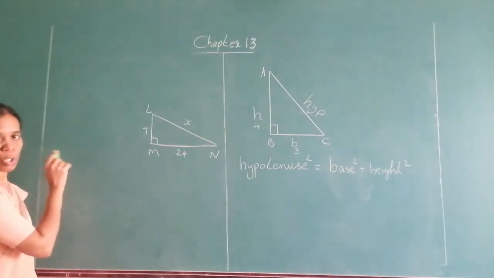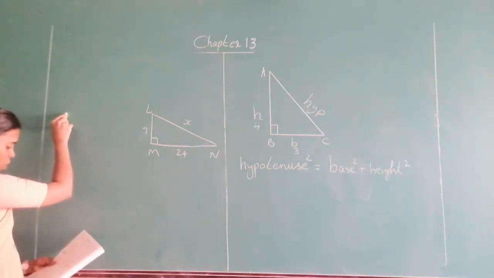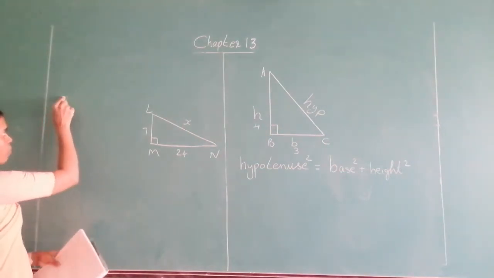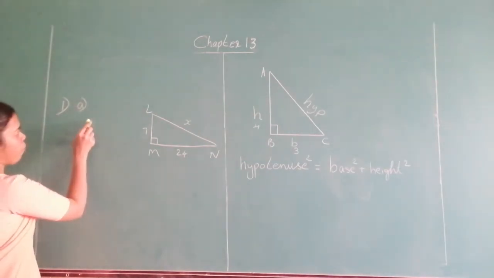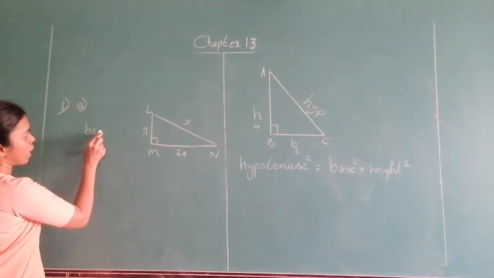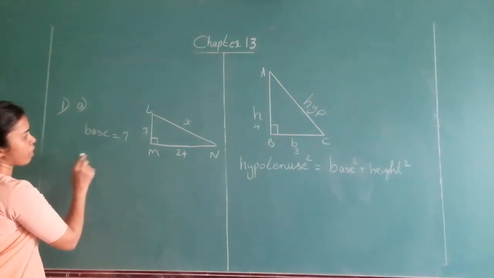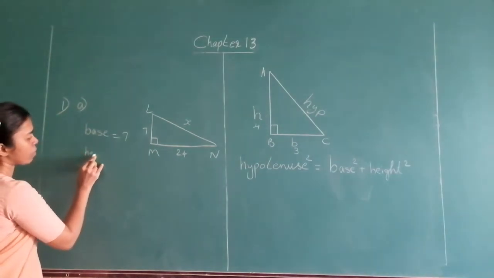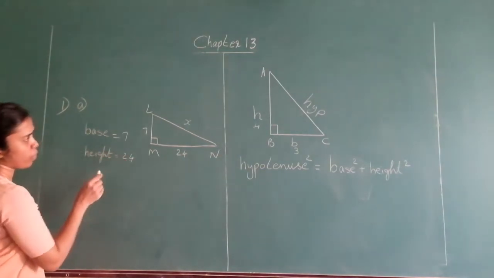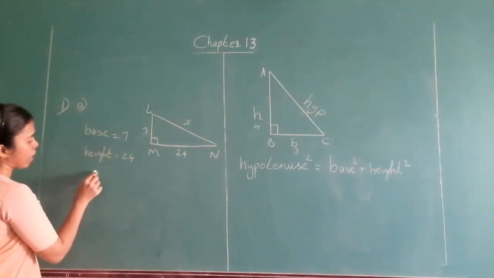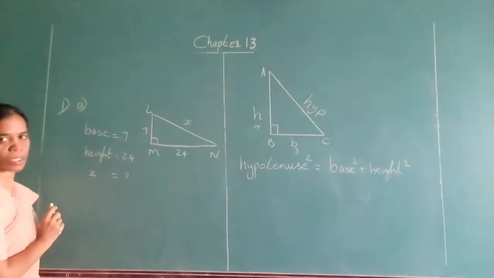Okay. Now I want you to solve it properly. So you write over there question number 1, sub question A. You write whatever is given first. Base 7, height 24, and x is what we are supposed to find out, that is the hypotenuse.